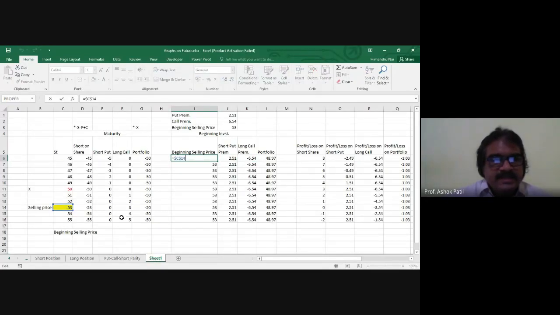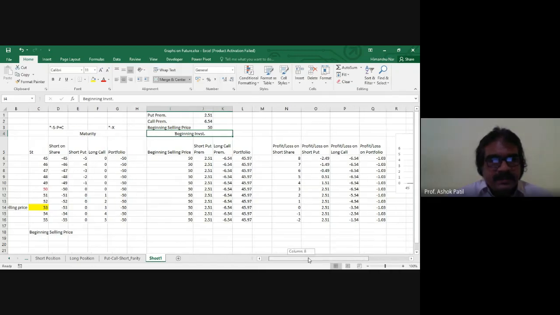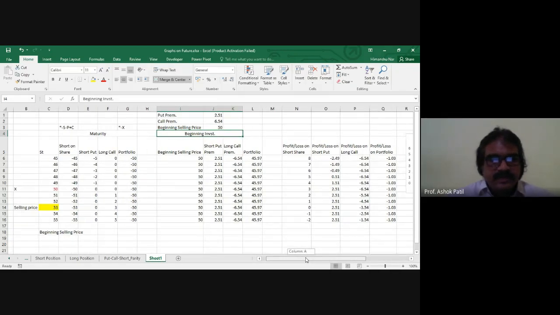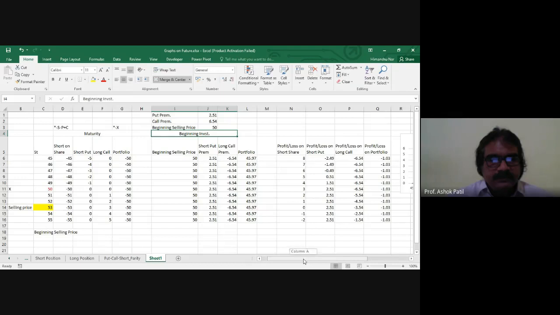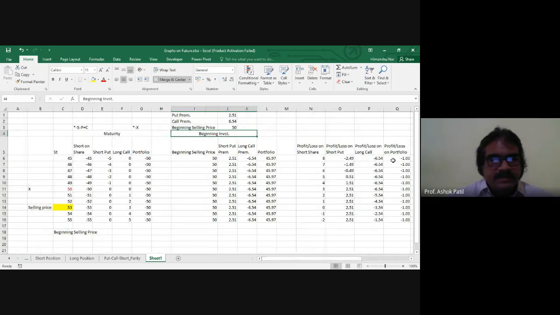I6 is C14. Instead of that, you put this one, yeah. And just drag it down. Okay. And now change that to 50, let's say. So what happens? So now you can see that nothing changes except the portfolio investment. Getting this? But profit and loss, portfolio will also change. Yeah, it will remain same.